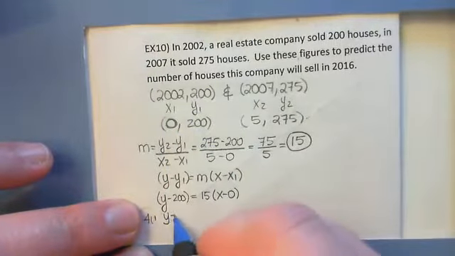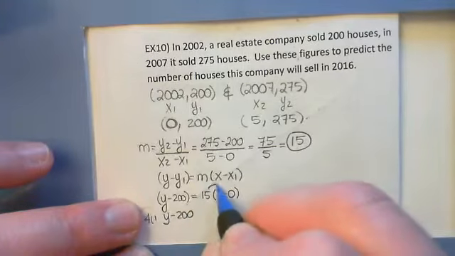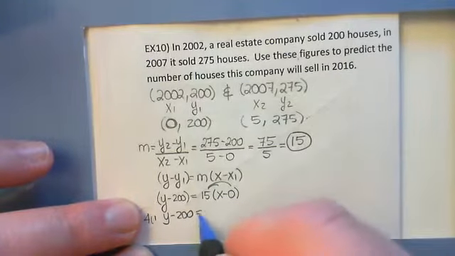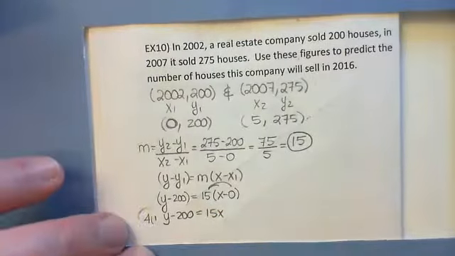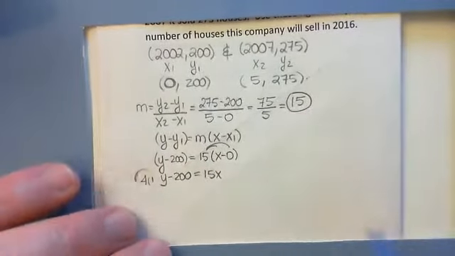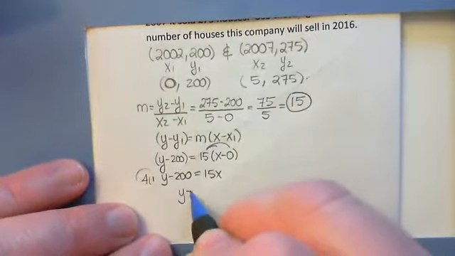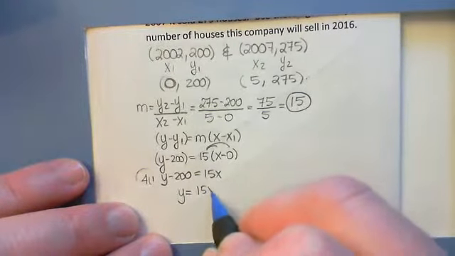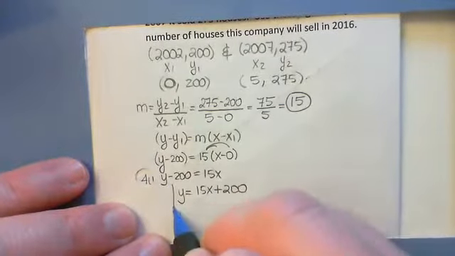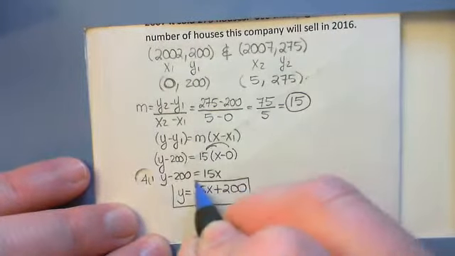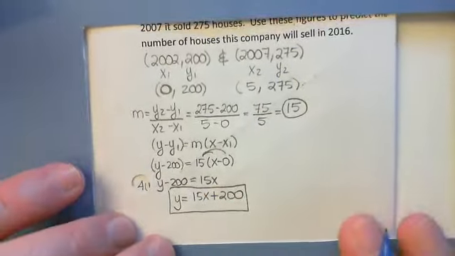So this would be y minus 200. Let's use the distributive property here, and this would be 15x, and 15 times 0 is 0, so I don't have to write the 0 there. Let's get the y alone, so this would be y equals 15x plus 200. So that's the equation of my line that represents this situation.